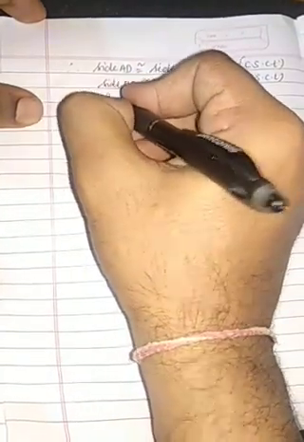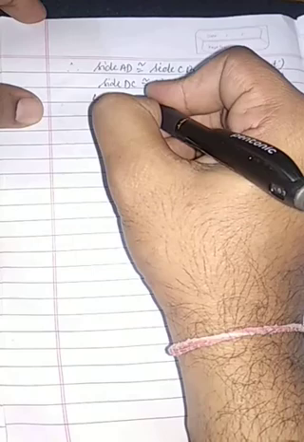And also side DC is congruent to side AB. Same reason here, CSCT. Now you have angles also. Angle ADC is congruent to angle CBA. So reason you will write here, CACT.